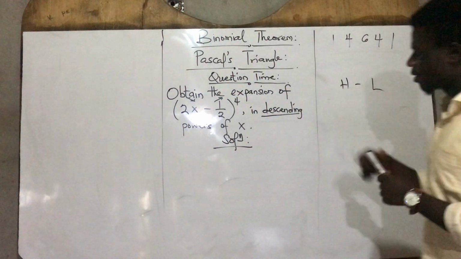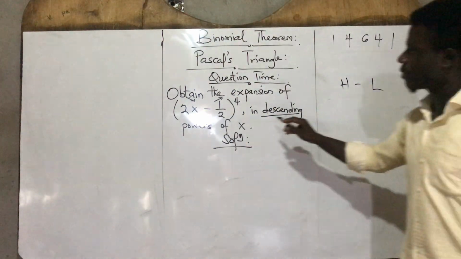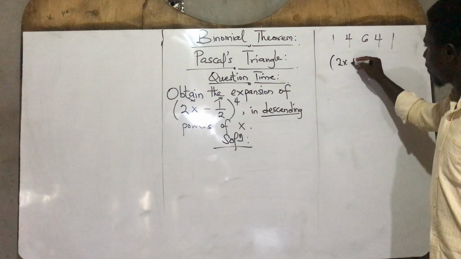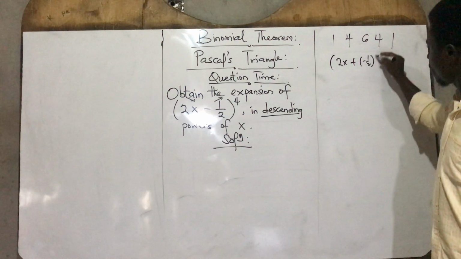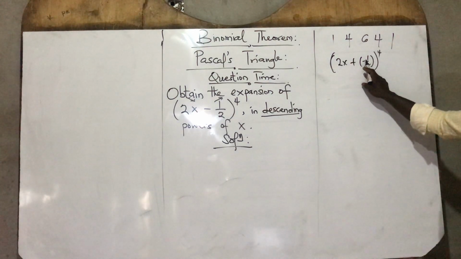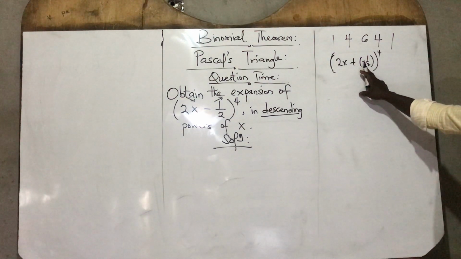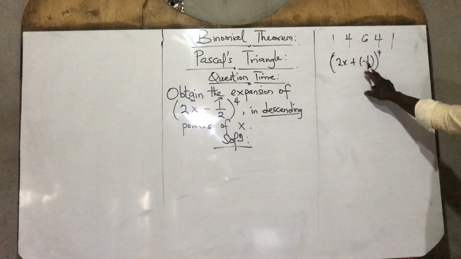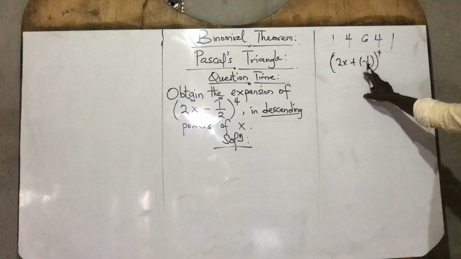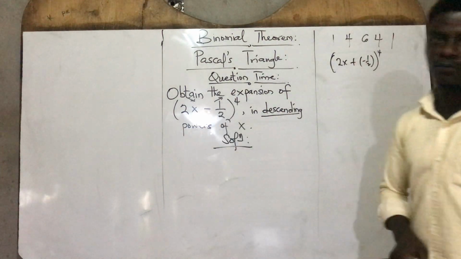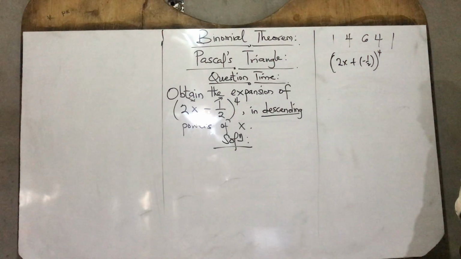We can write it again as 2x plus minus half all to the power of 4. Because of the negative, you have to be very careful with the negative. When you draw plus here, the negative is affecting the half. This is not half, it's negative half. So take note of that.